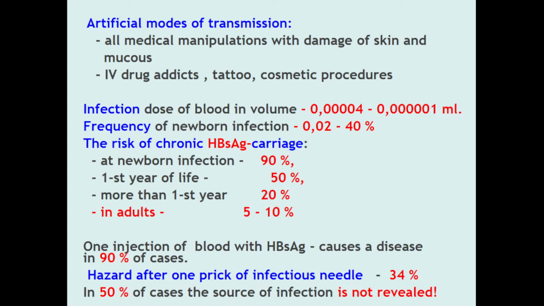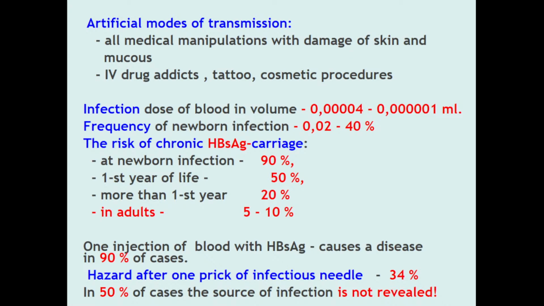The risk of chronic HBS carriage. Now, think of this and remember this fact because it's often confused. In newborn, risk of chronization is really high, 90%. So if a newborn is infected, probably it goes to chronic form. The first year of life, 50%. More than first year, 20%.